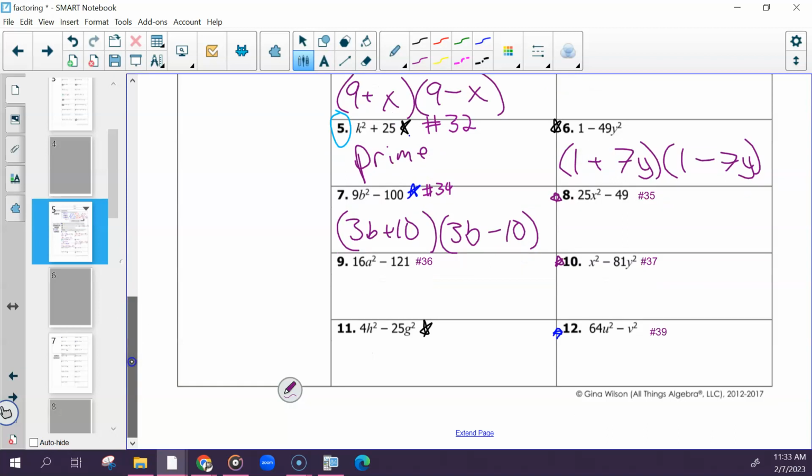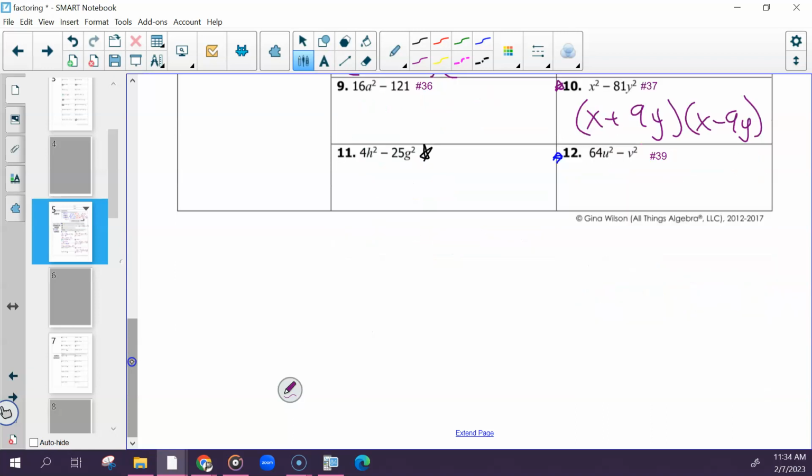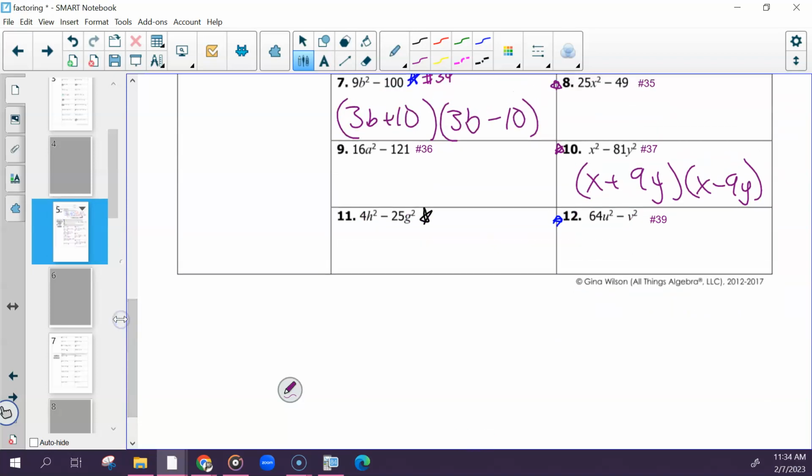Let's skip to 10. What would those factors be? X plus 9y. X minus 9. Right. One more from this page, then we'll move on to some more challenging ones. 11.